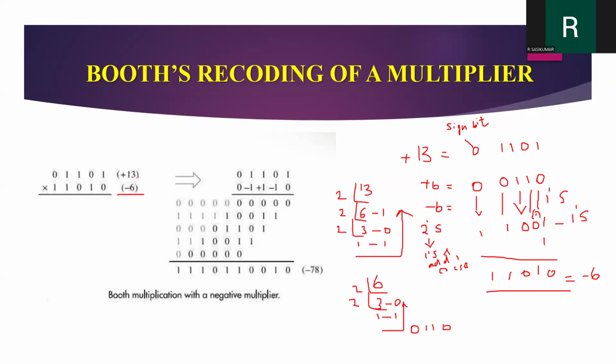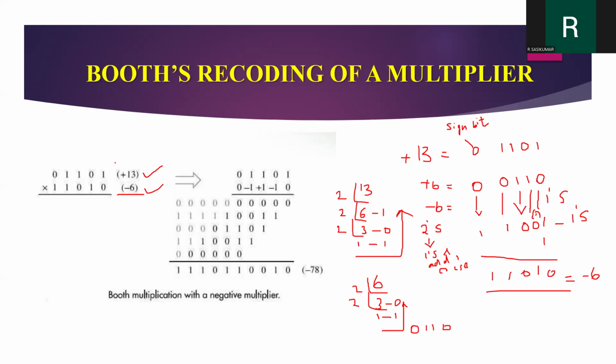So plus 13 is 01101 and minus 6 is 11010. I hope you understand how to get that value. This is the way. Now, instead of the multiplier, you can apply Booth recoding.